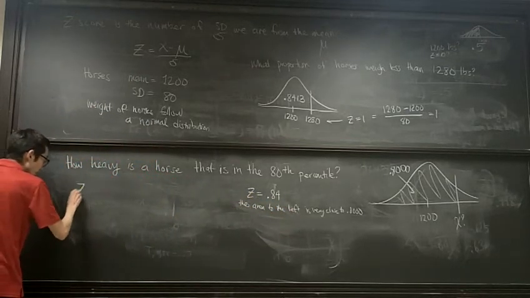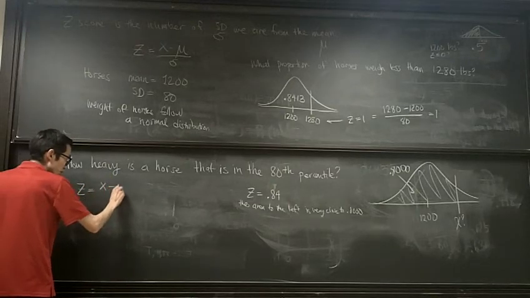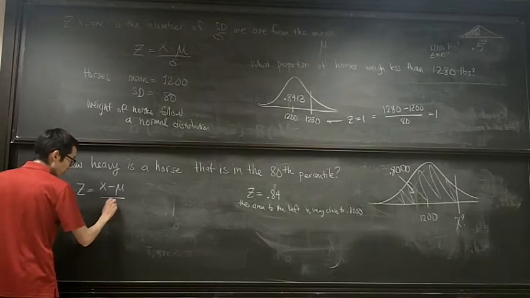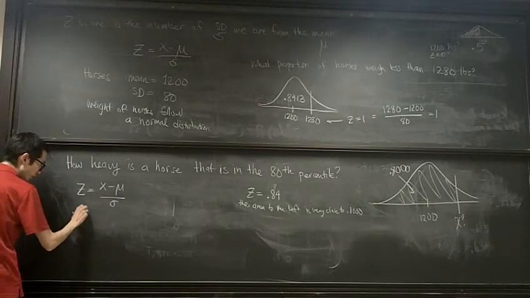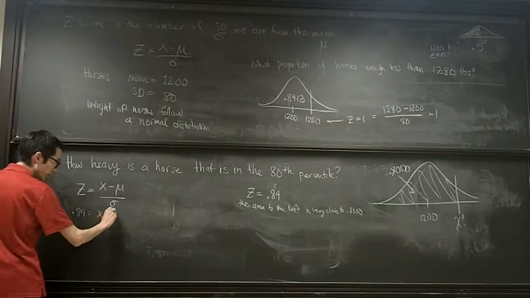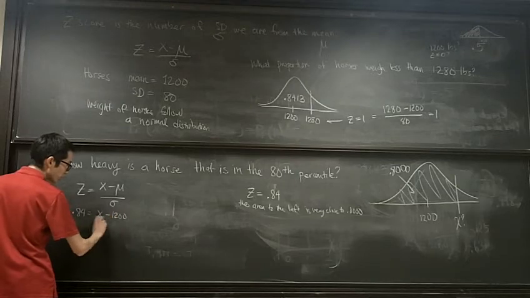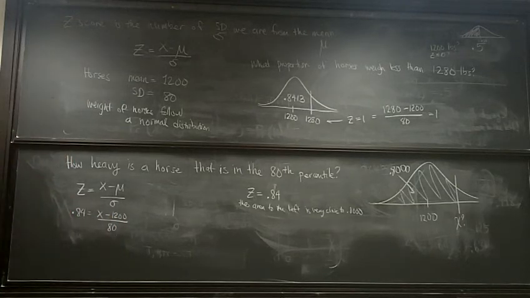So z is equal to x minus mu, divided by sigma. Here I have 0.84 is equal to the x that I'm looking for minus the mean of 1200, divided by the standard deviation of 80.